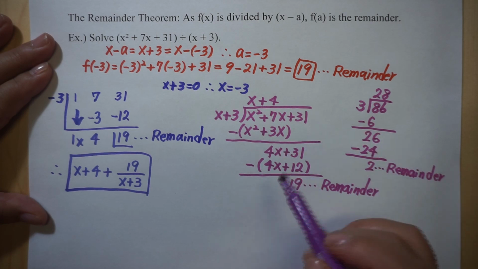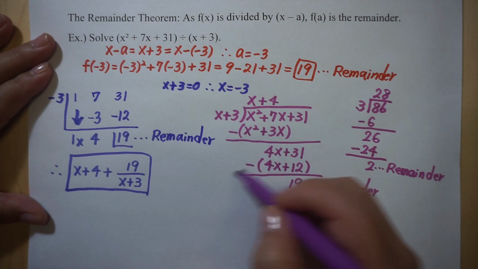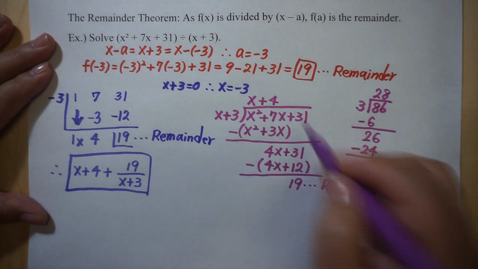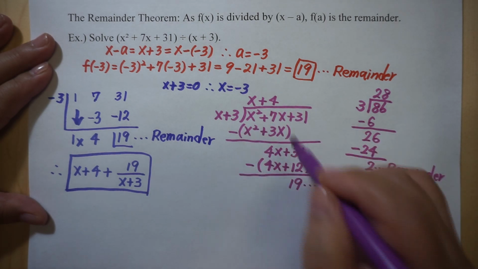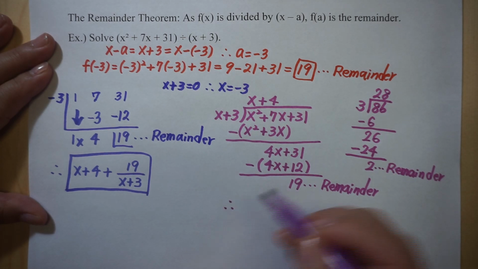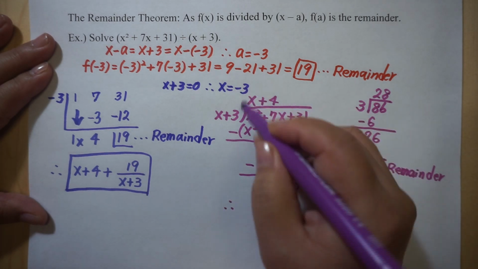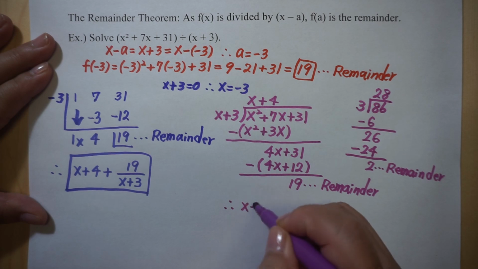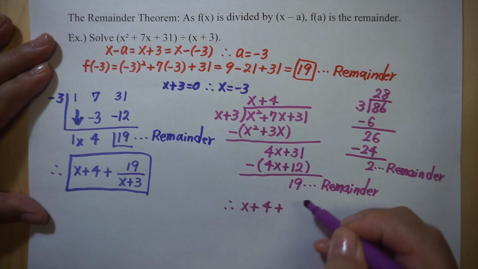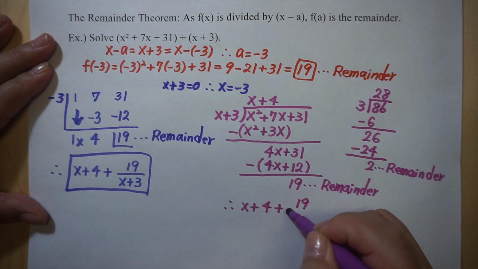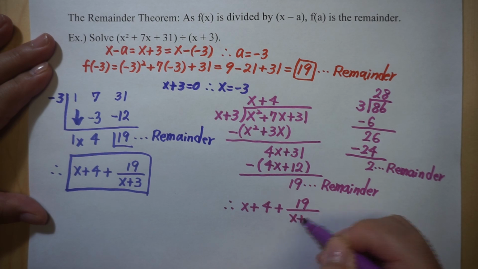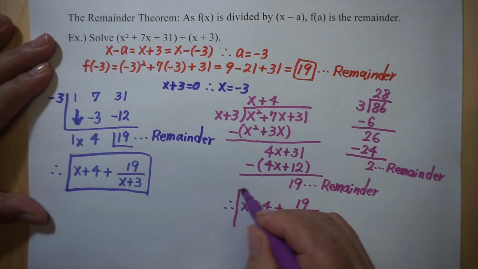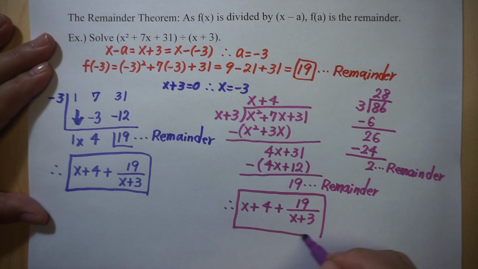Okay? So let me finish the answer. The answer of this problem by using long division is the same as here, of course. This is quotient x plus 4 plus remainder 19 over x plus 3. So this is the answer.